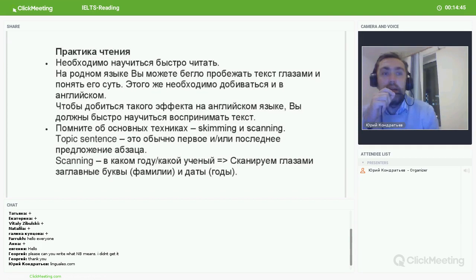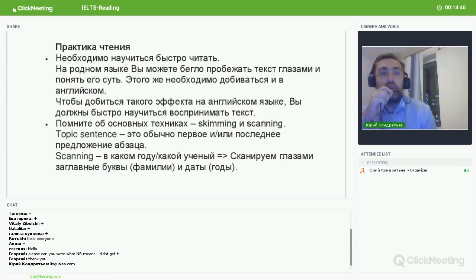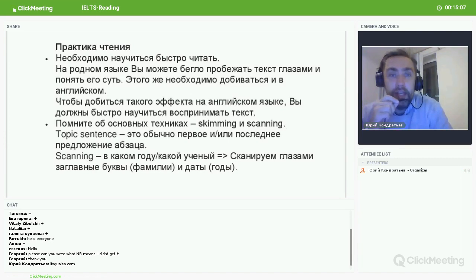Well, first, that's just general information. You should also learn to read quickly. In your native language, hopefully you can scan through the text quickly and understand the gist, the main information. And this is what you should strive for in English. In order to be able to do so in English as well, you need to remember two techniques: skimming and scanning.